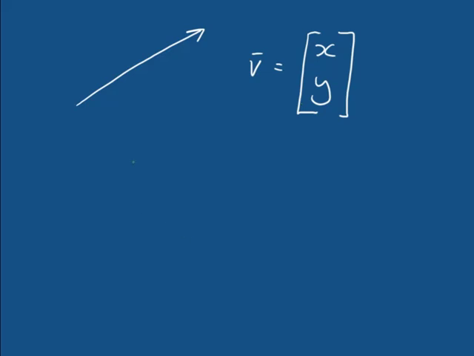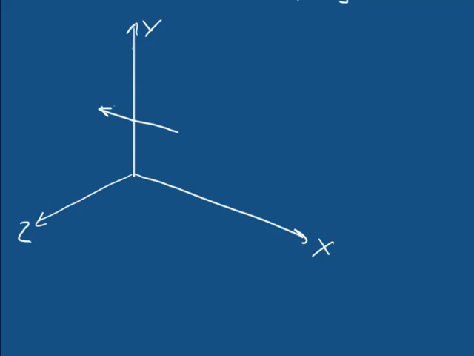So a 3D vector, if we have our 3D Cartesian space, so let's say that was our y-axis, this is our x-axis, say, and this would be our z-axis, so y, x, and z. A 3D vector is going to tell us how far do we travel in x, how far do we travel in y, and how far do we travel in z, and it's going to give us some directed line segment that exists in three-dimensional space.